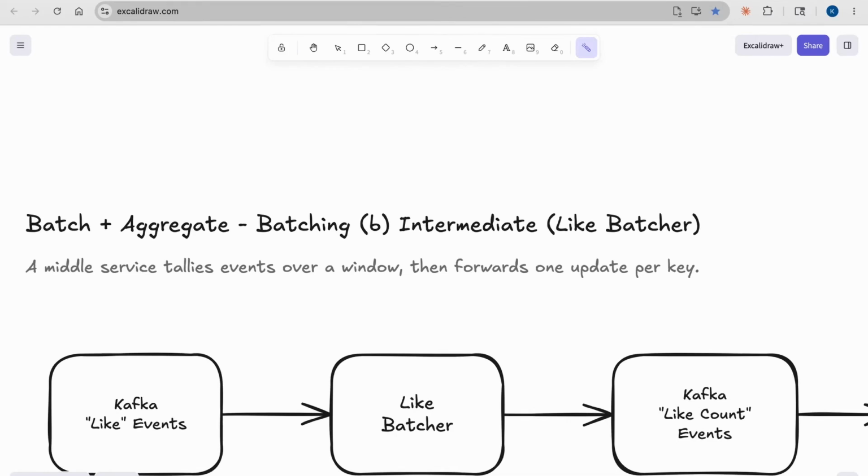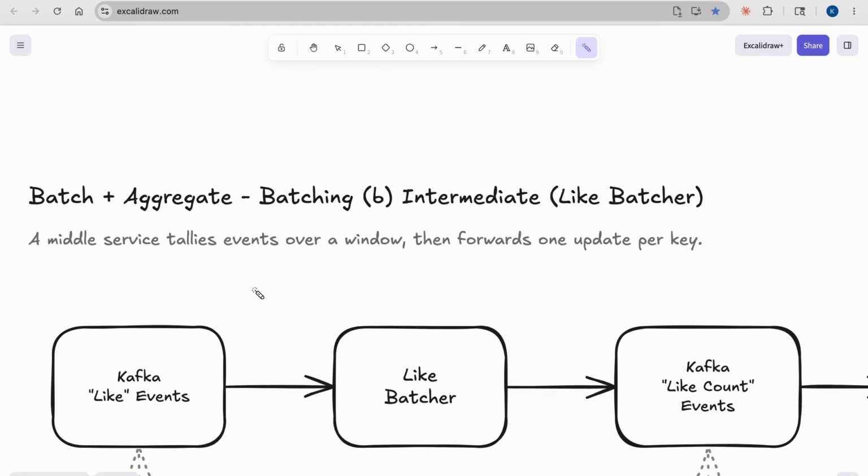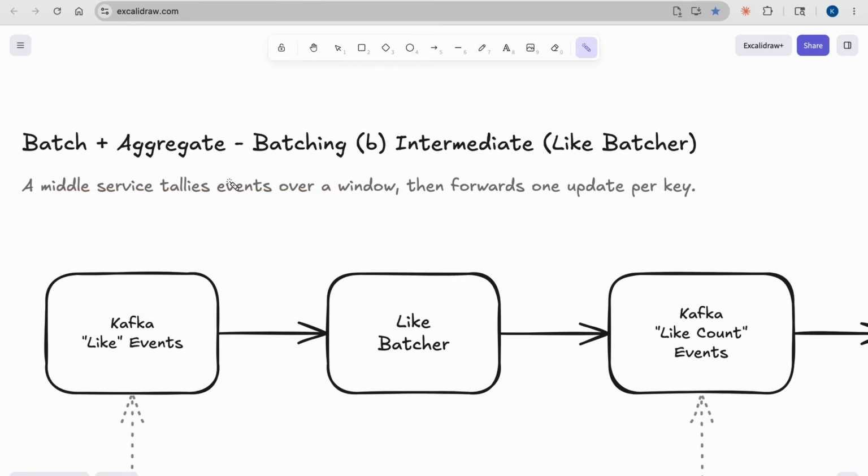Now intermediate processing is another option. It's a middle service that tallies events over a window and then forwards one update per key.